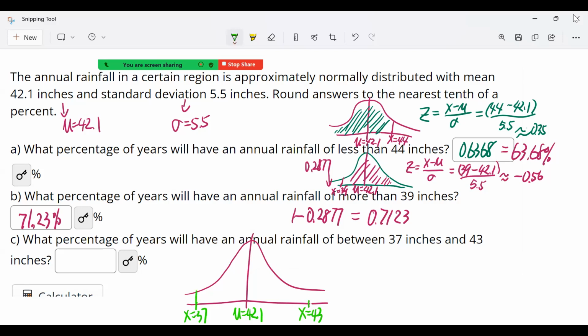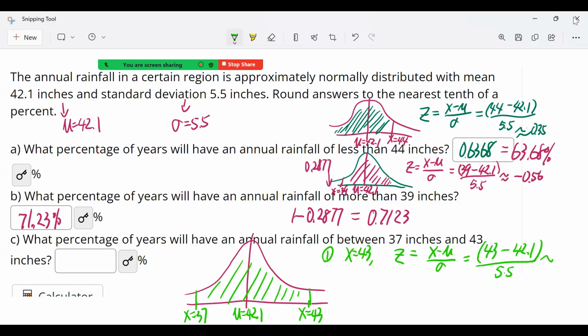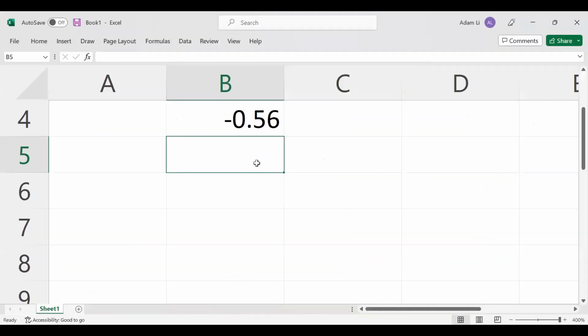Again, we want the area in between. First, we find the z-score for x equal to 43: x minus mu over sigma, 43 minus 42.1 divided by 5.5.